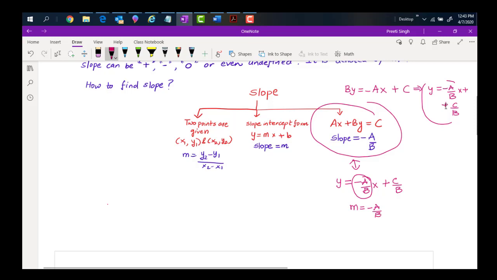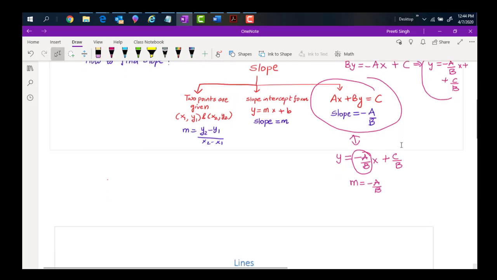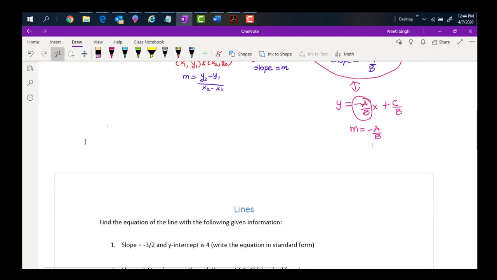If you want to go this route, you solve for y and look at the coefficient of x, or just divide the negative of the coefficient of x by the coefficient of y.